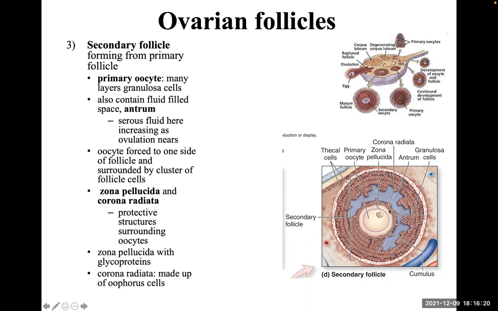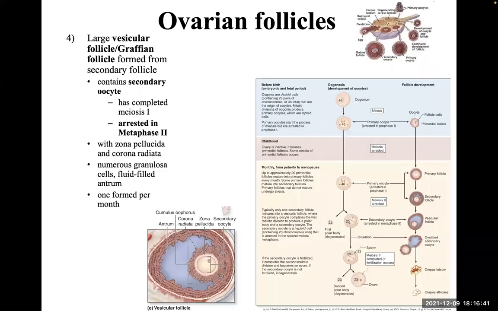And the zona pellucida, you can think of as a clear, jelly-like layer right outside of the oocyte. It's a layer that the sperm have to penetrate to gain access to the DNA, that is, to the oocyte itself, right? More on that to come.